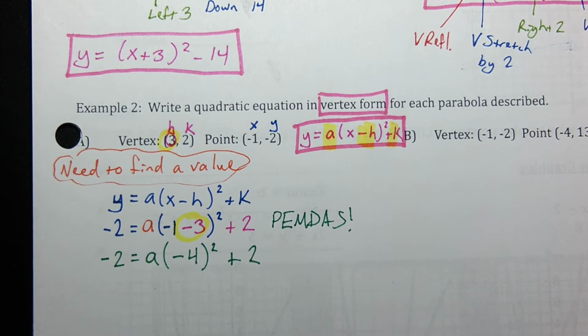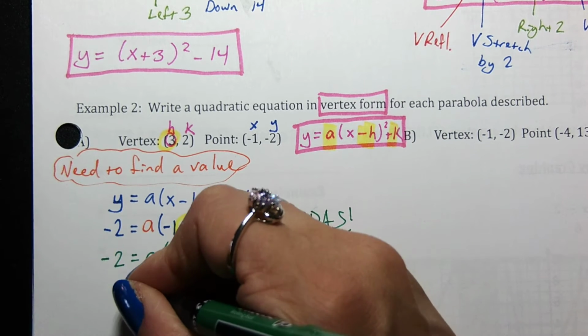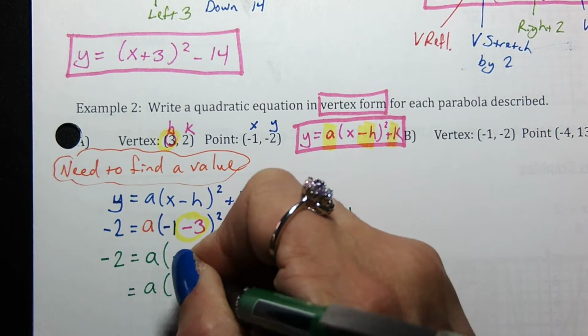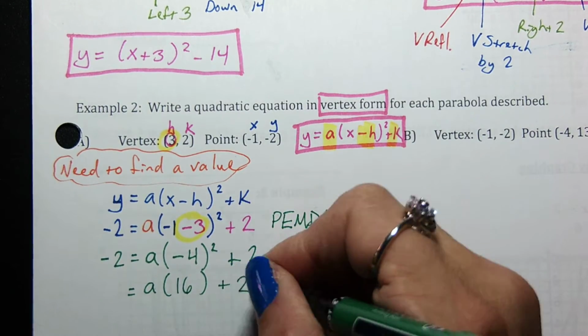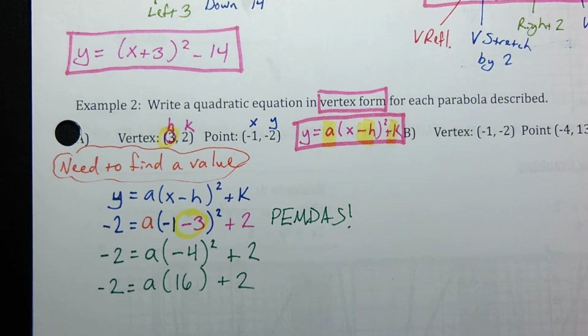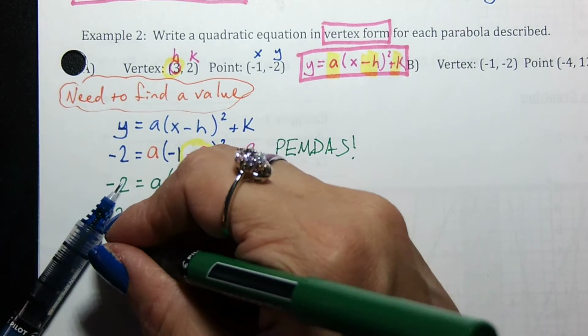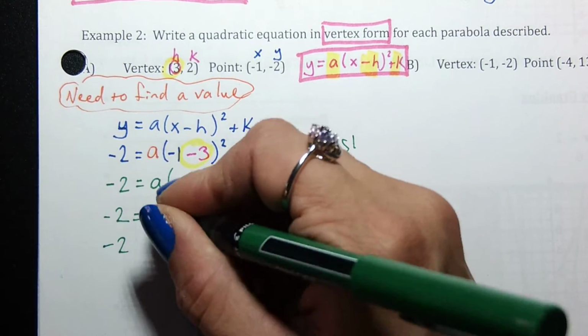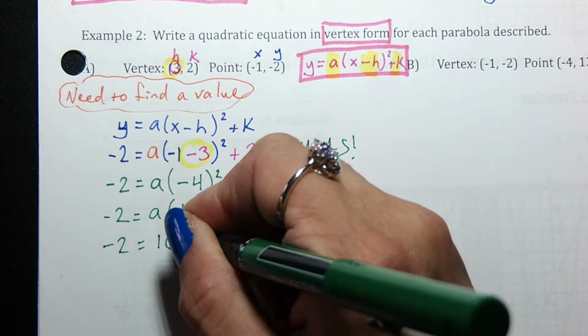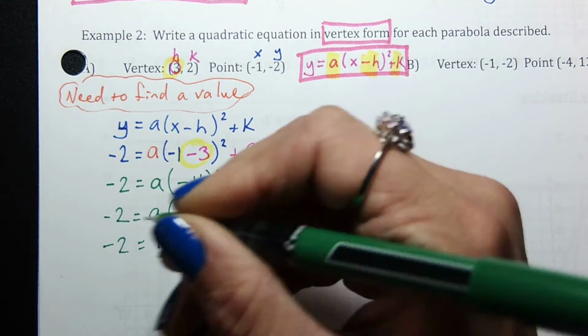The exponent, so -4 squared. What's -4 times -4? We're not even going to use our calculator. +16. So we have a times 16 plus 2. And it's a little awkward having that 16 times a, so we're going to write it as 16a plus 2.